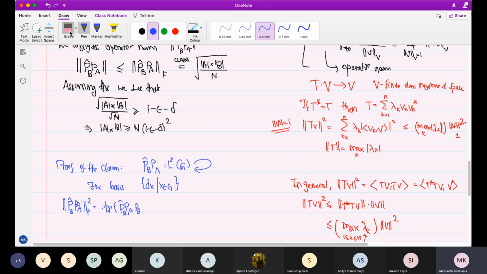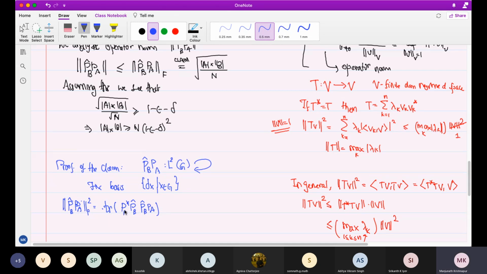Okay, T star T. So what does that make it? It becomes (P_B hat P_A) star, which is P_A star P_B hat, and then P_B hat P_A. Now, these are projections, right?